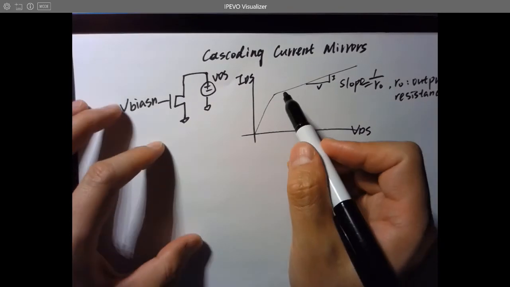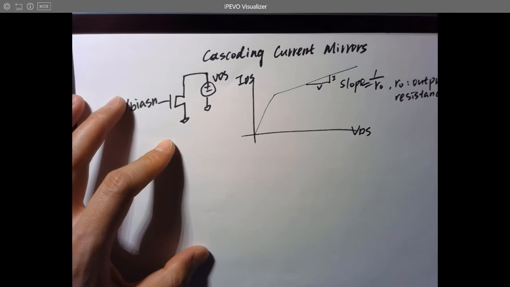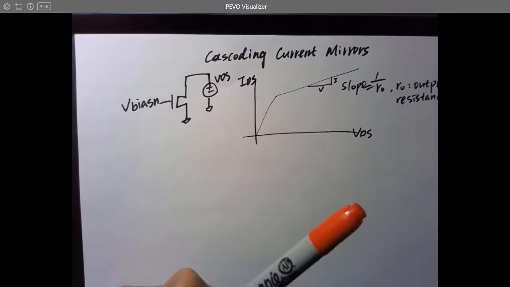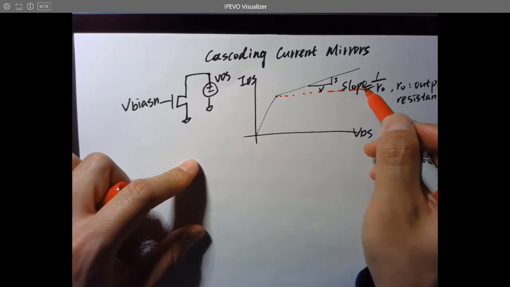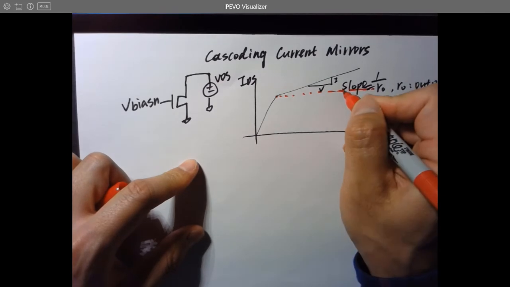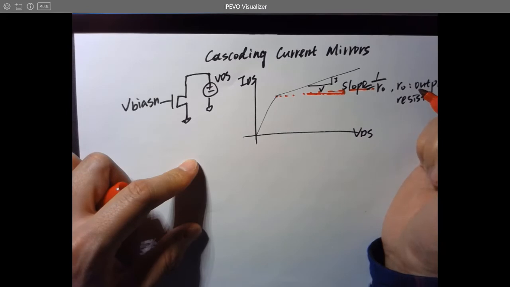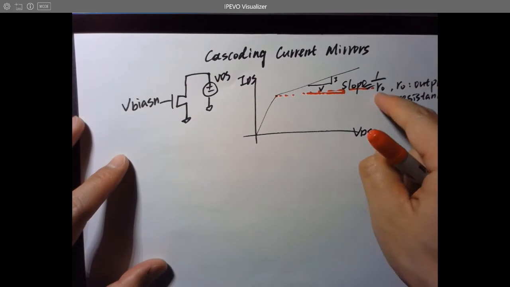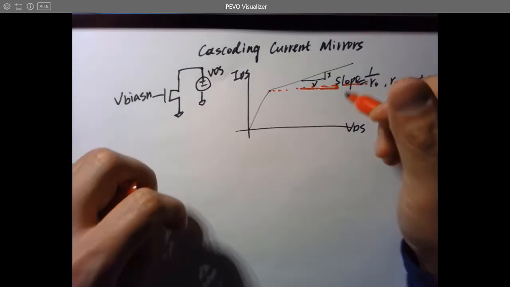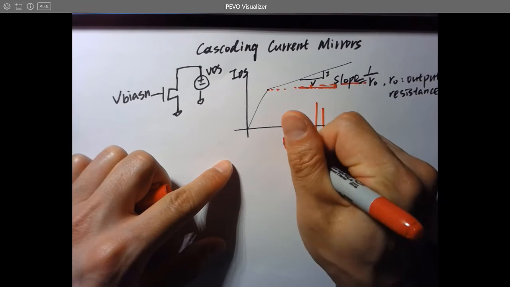And we hope RO to be as large as possible, which means we hope this curve can be flat, not something like this. If it is flat, you can imagine that the slope will be way smaller, which means RO will be larger. So in this curve we can get a conclusion that we need the curve to be flat.